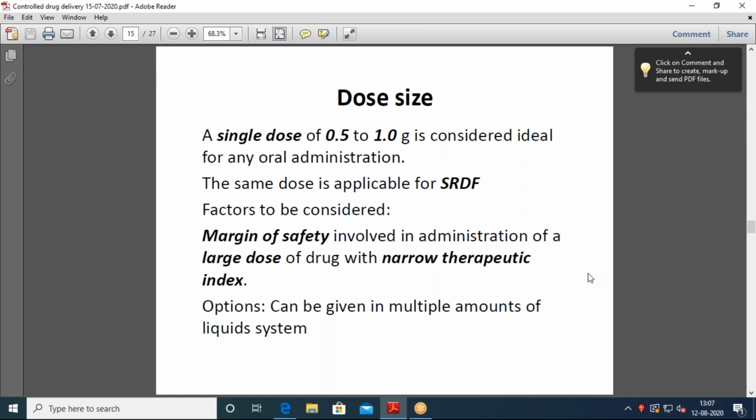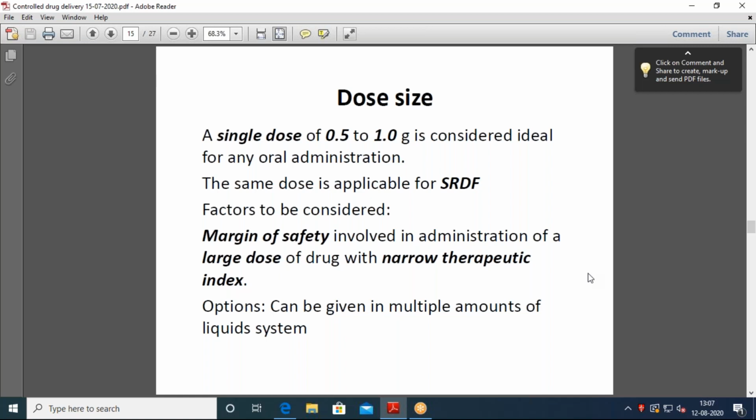One more factor is the drugs with a narrow therapeutic index or narrow therapeutic window. The window itself is quite narrow. Such drugs are considered poor candidates for sustained release.